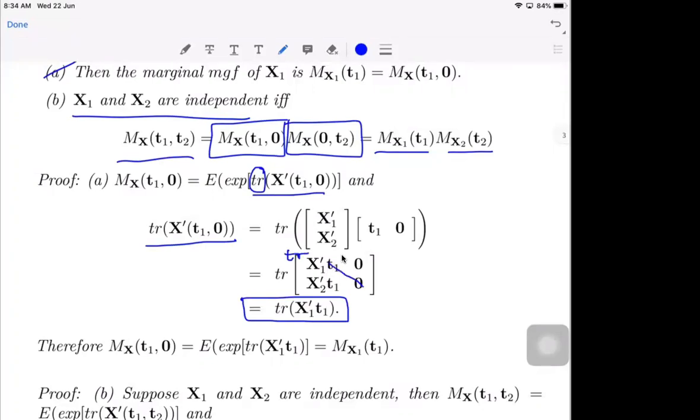When you apply the trace, it equals the trace of T1 prime, T1 plus 0, which is just this term. And because of that, after getting the trace, get the exponential and get the expectation. So that is the moment generating function of x1 at t1.